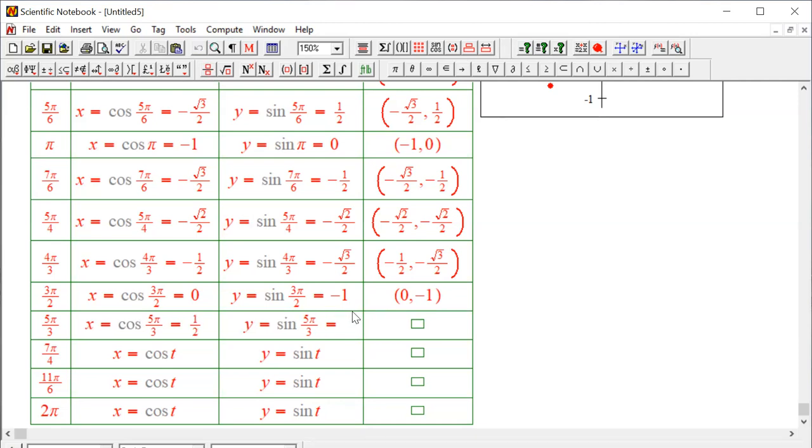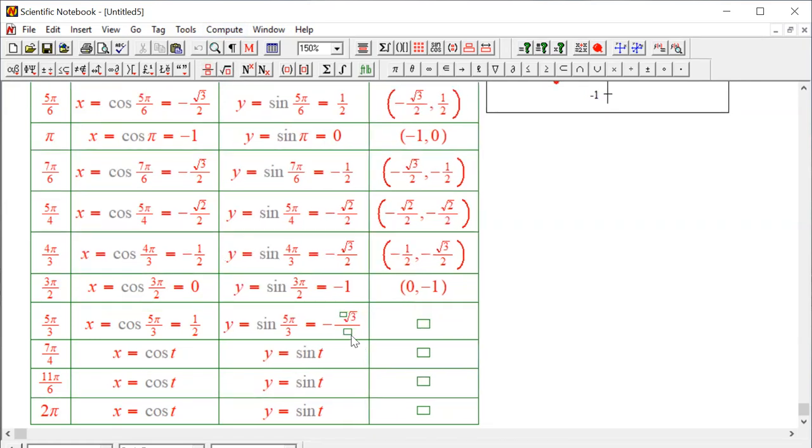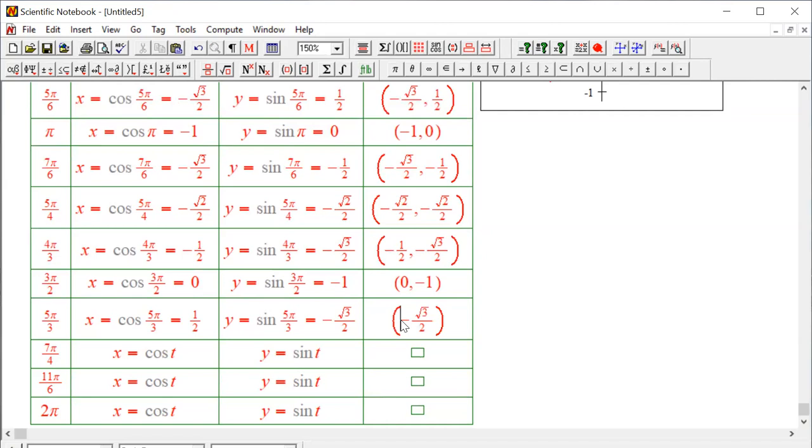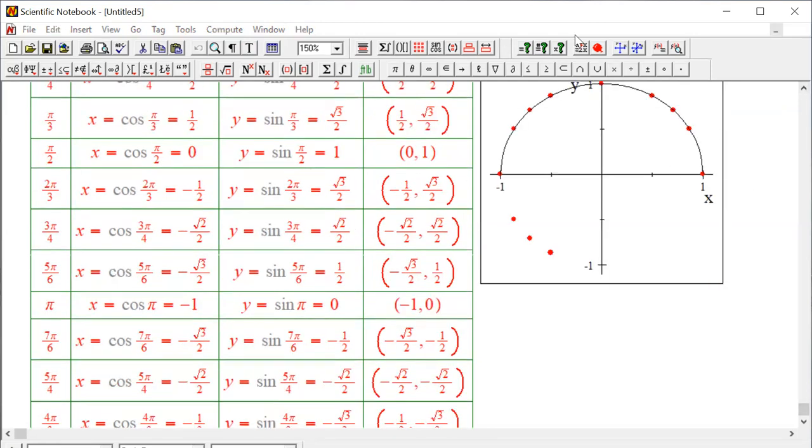Sine is going to be -√3 over 2. So our point, we're almost done, guys. Let's finish it. You should not be surprised, I might quiz you. Oh, we didn't graph this one, right? We didn't put that point on the graph, so let's do it.